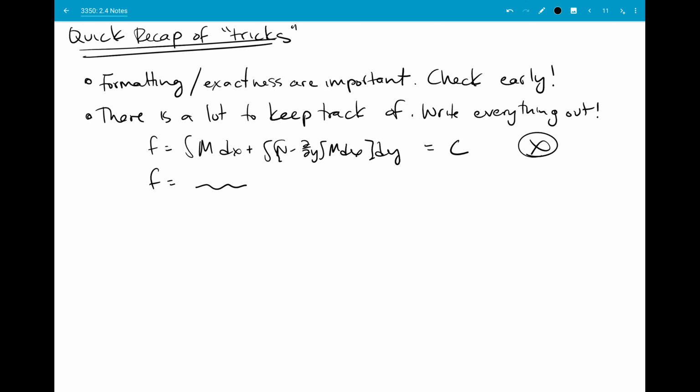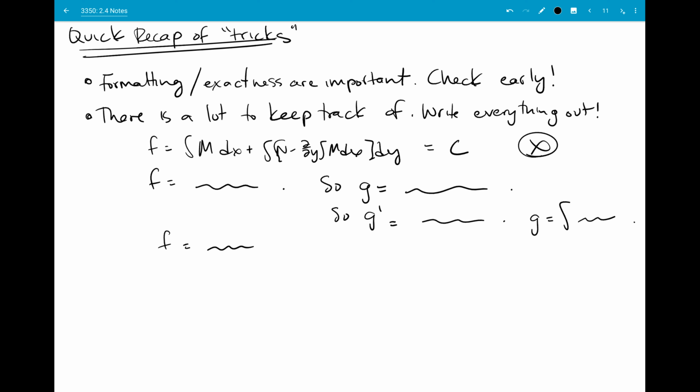Instead, just do f is equal to some stuff. So g is equal to some stuff. So g prime is equal to some stuff, and g is the integral of that stuff. So f is equal to that plus that plus that is equal to c. Follow that one step at a time. That way it's clear what goes wrong if something goes wrong. So do that. Don't do that other thing.